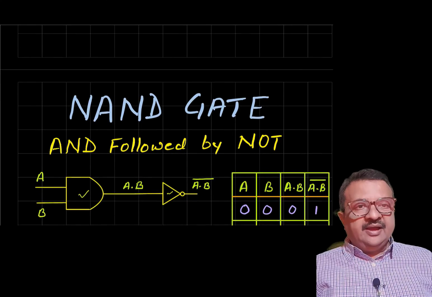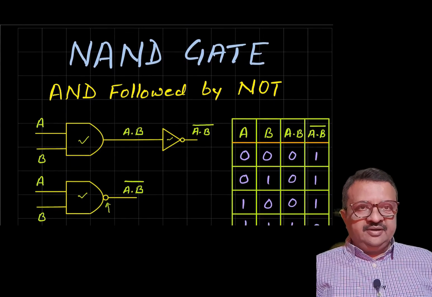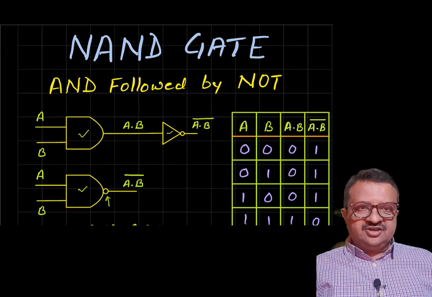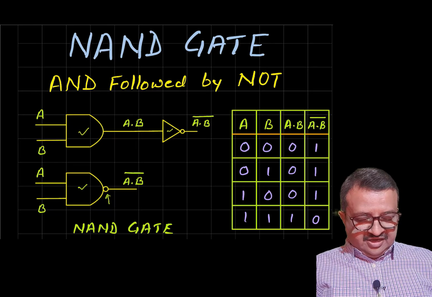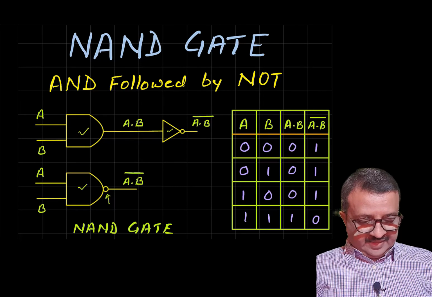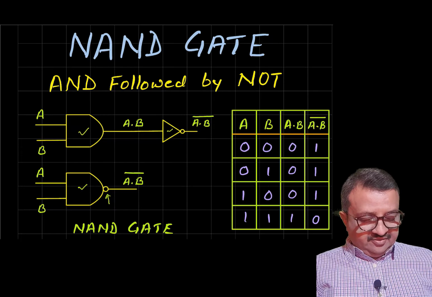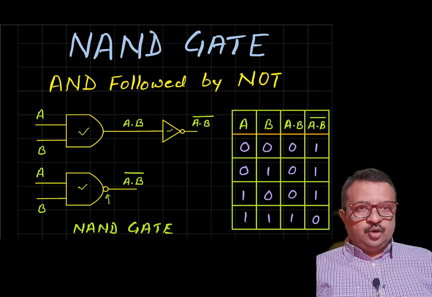Let us go ahead and use this NOT gate in conjunction with the AND gate and OR gate. So the next gate we want to study is called the NAND gate. The word NAND stands for NOT AND.